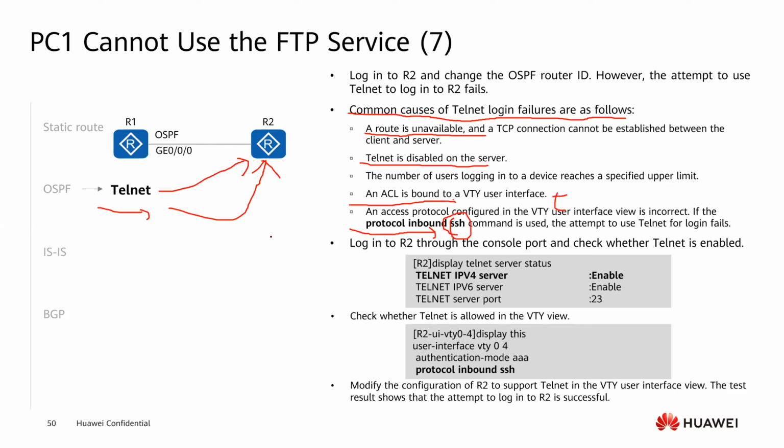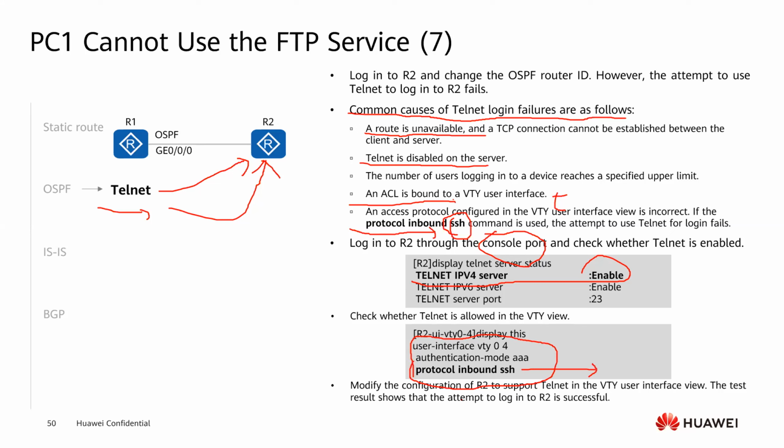So when we can't log in remotely, we must log in using the console port. We find that the telnet server is enabled, but in the VTY view, we found that the protocol only supports SSH.